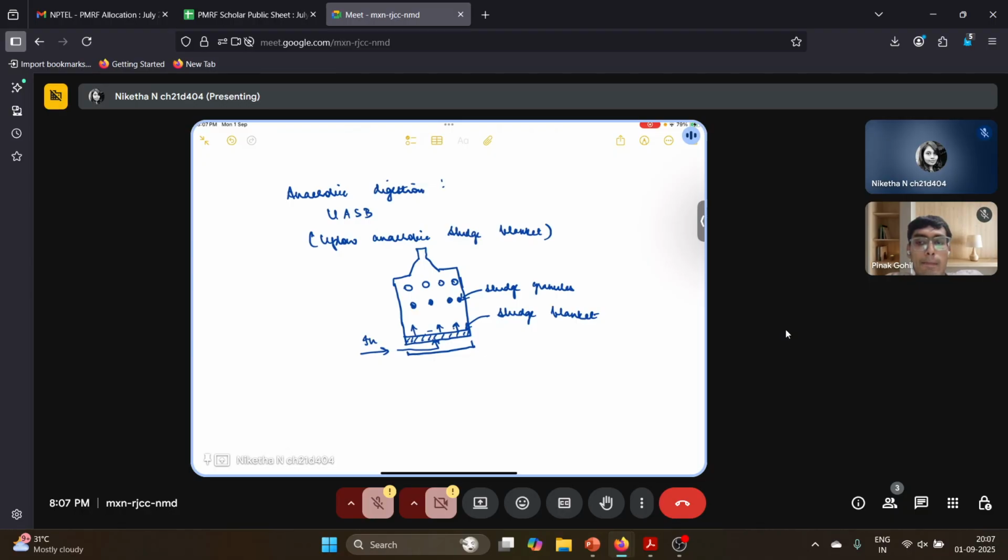Over time, as the sludge blanket's thickness increases, it will act as a filter. Whatever inlet solids are there will be filtered by the sludge blanket, and its thickness grows even further. Whatever sludge is formed inside the reactor will also fall down, and whatever inlet water solids are there will also form the sludge blanket.